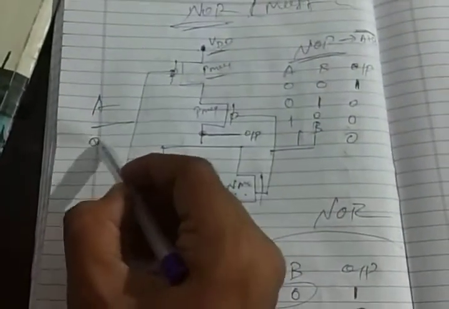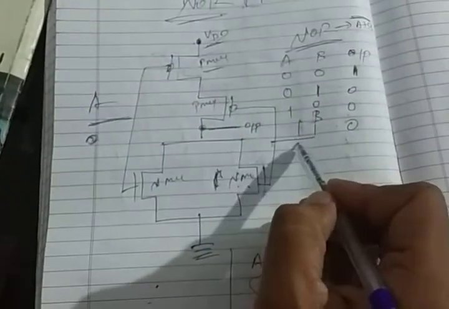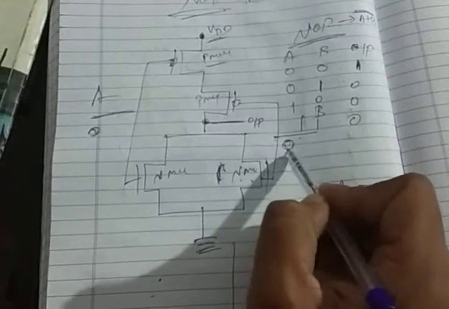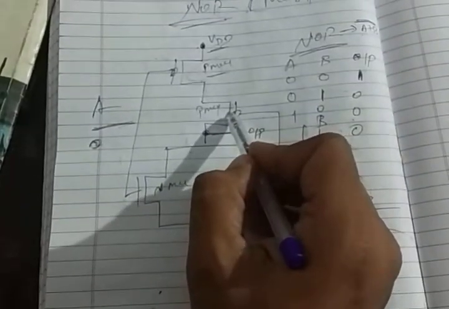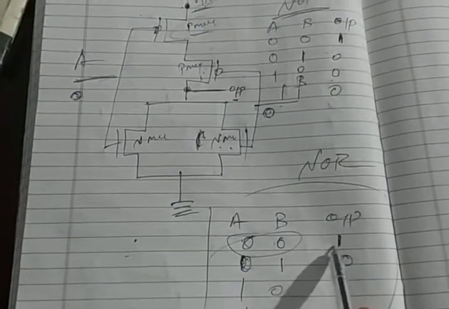First of all, apply 0 to terminal A. So this PMOS is active. And apply 0 here, then this PMOS is also active, both PMOS active. Then this VDD voltage comes at this point, means if both A and B are 0, then output is 1.